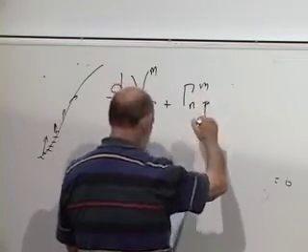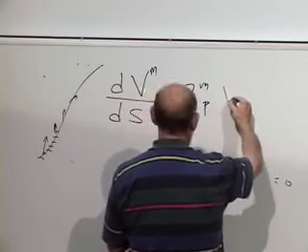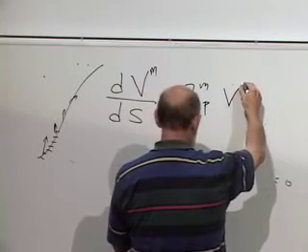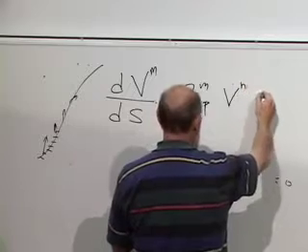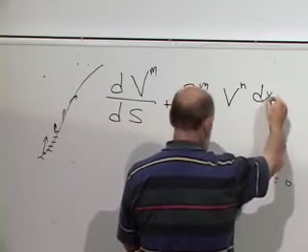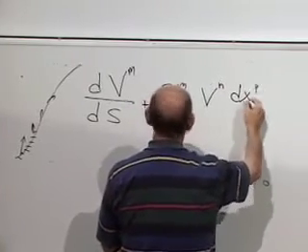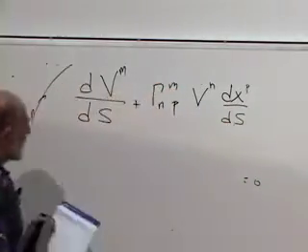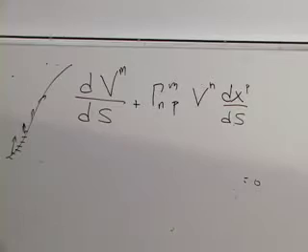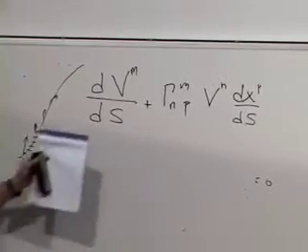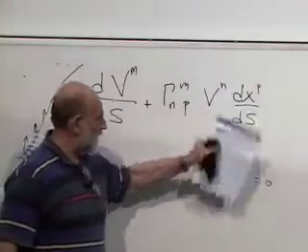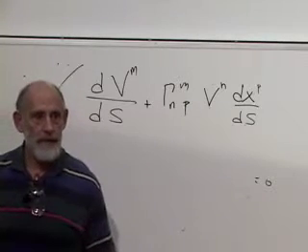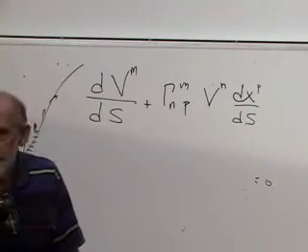Gamma mn, and then there is a V, N, dx P by ds. dx P by ds, that's a vector. Remember what this vector is? What is the name of this vector? dx by ds.